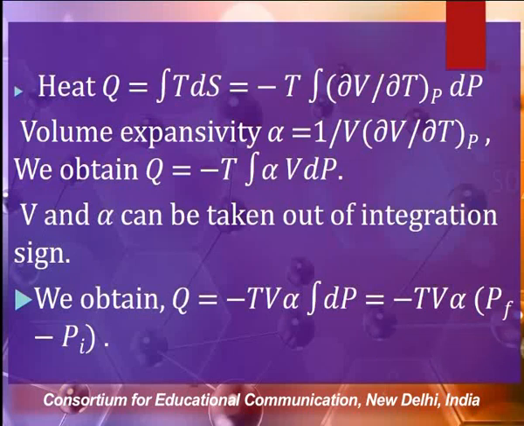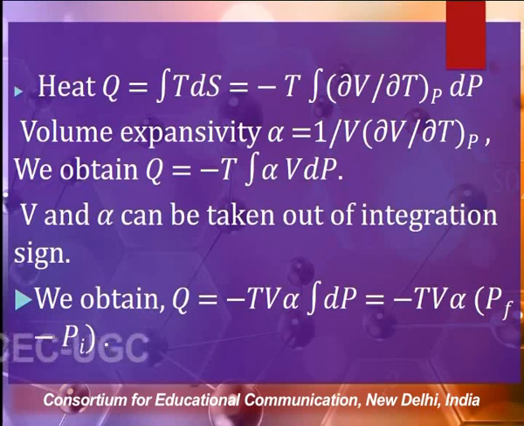Thus, to evaluate the heat, we have to take the integral of TdS. So we get Q is equal to integral TdS is equal to minus T integral (∂V/∂T) at constant P into dP.